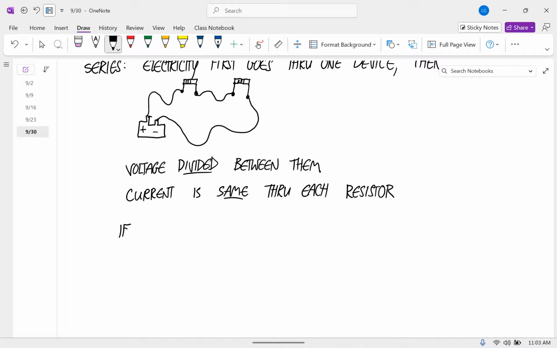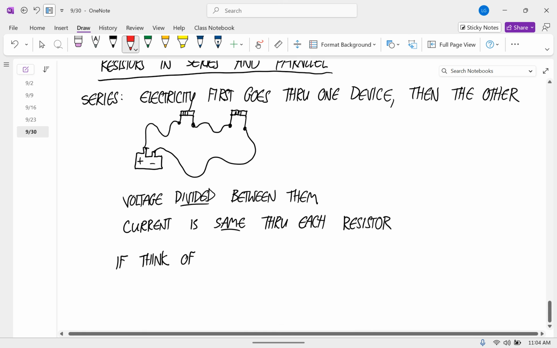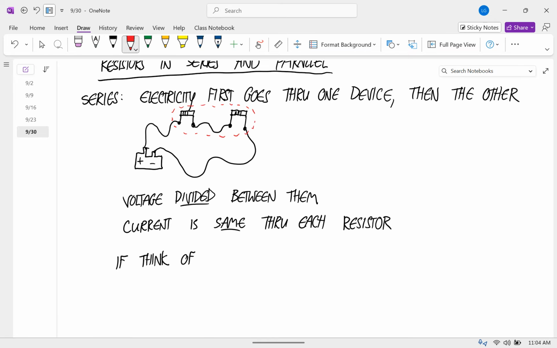Now if you think of the pair of resistors as a single resistor, like imagine, repackage this thing so that this is like a single resistor.